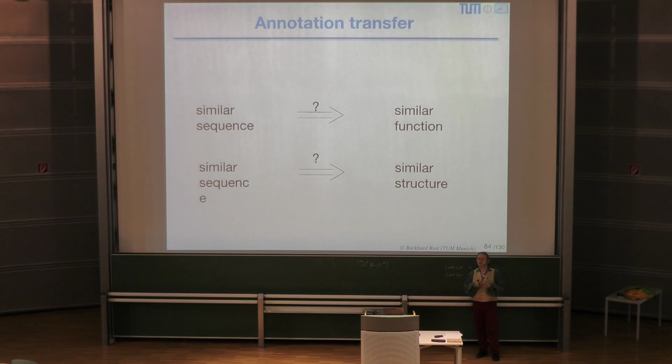Homology I defined as you have an ancestral sequence that does the same in a different organism. Sometimes you have slight changes, but you still do the same thing. But there are many examples where it's not true. Similar sequence, sorry for the typo here, implies a similar structure. Is anybody against that or believes that is wrong?